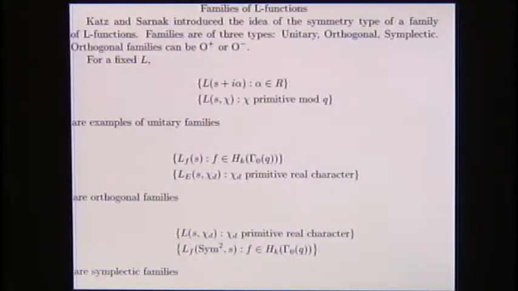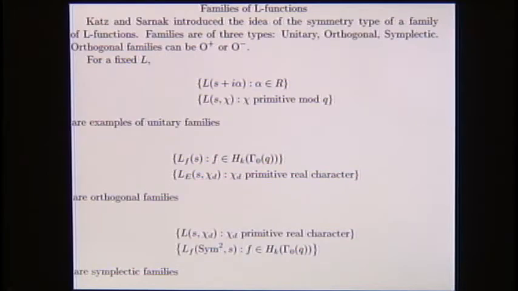Anyway, now, also if you take any fixed L function and you twist by all the Dirichlet characters, or all the primitive Dirichlet characters, then that also gives a unitary family. No matter what L function you start with, that'll be a unitary family. So those are the prime examples of unitary families.